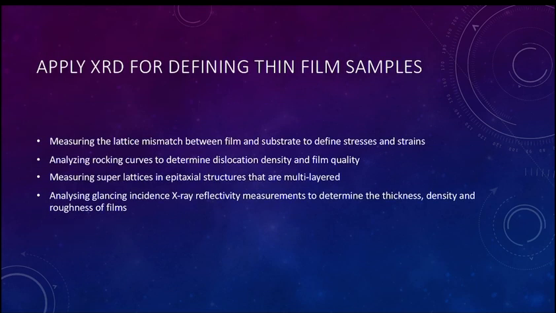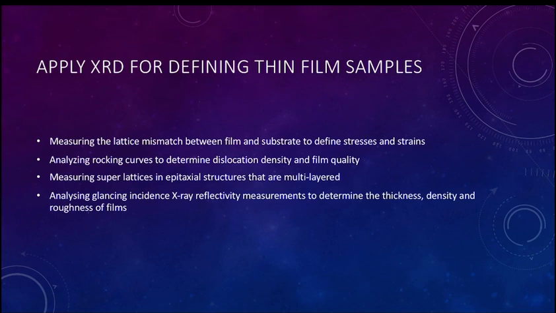Apply XRD for characterizing thin samples while measuring the lattice mismatch between film and substrate to define stresses and strains, analyzing rocking curves to determine dislocation density and film quality, measuring superlattices in multi-layered epitaxial structures, and analyzing grazing incidence X-ray reflectivity measurements to determine the thickness, density, and roughness of the film.